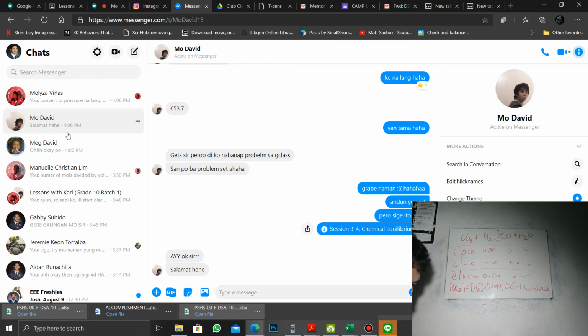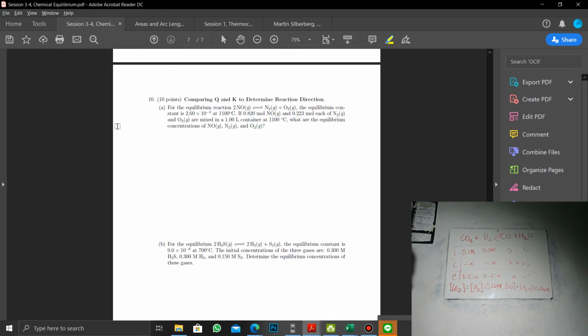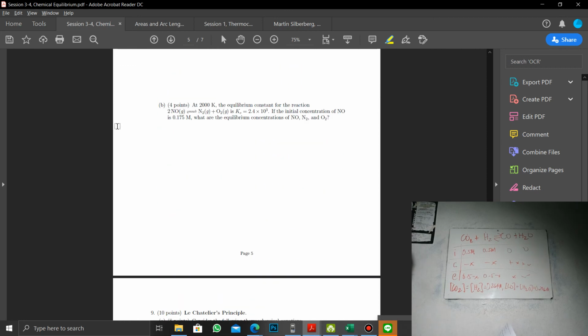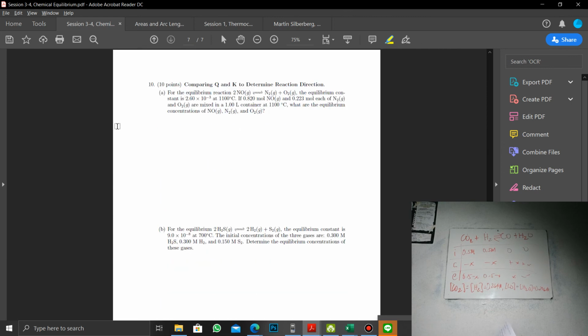And for yung last problem natin, number 10. Nandito ba yon? Okay. Number 10. Given sa title ng problem, we have to compare yung Qc at Kc to determine kung ano yung direction ng reaction. Kasi lahat ng reactant tsaka product, meron tayong concentration.